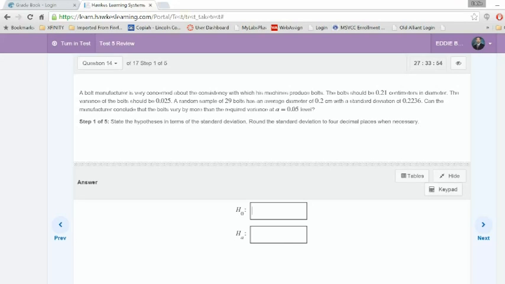A random sample of 29 bolts has an average diameter of 0.2 centimeters with a standard deviation of 0.2236. Can the manufacturer conclude that the bolts vary by more than the required variance at alpha equals 0.05 level? Okay, so first state the alternate and null hypothesis.